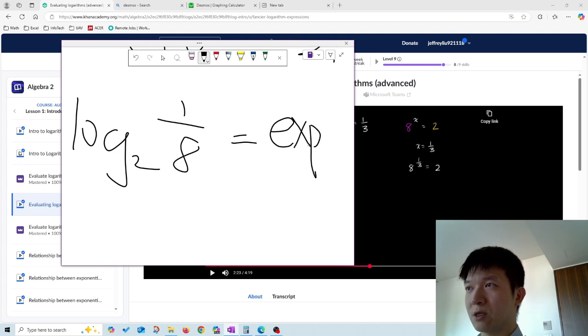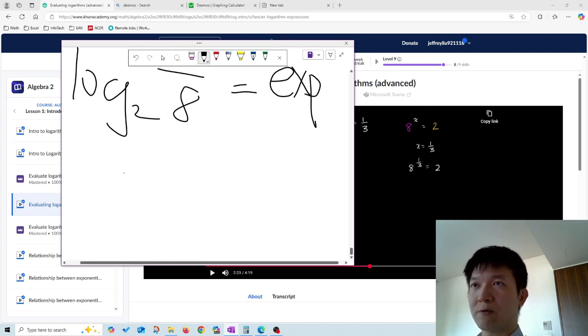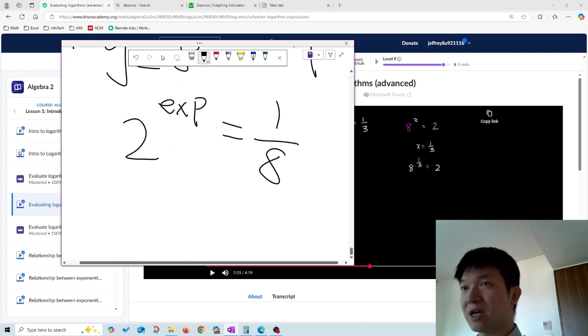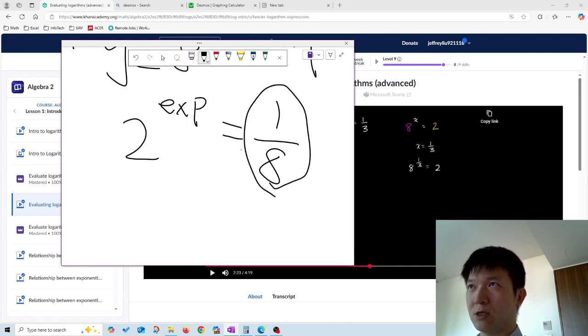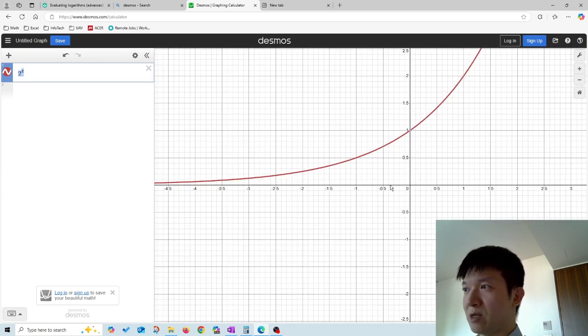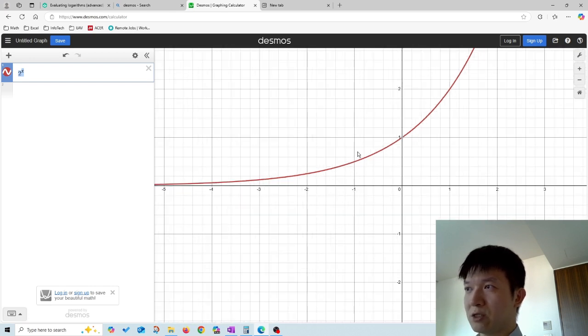Exponent, right? Okay, it's 2 to the power of something, the exponent, equals 1/8. So immediately you're going to see, oh, it's going to be negative, right? Negative, because it's a fraction. We have an exponential expression here. Anything that is negative, -1, -2, it's going to be fractions because it's between 0 and 1, right?